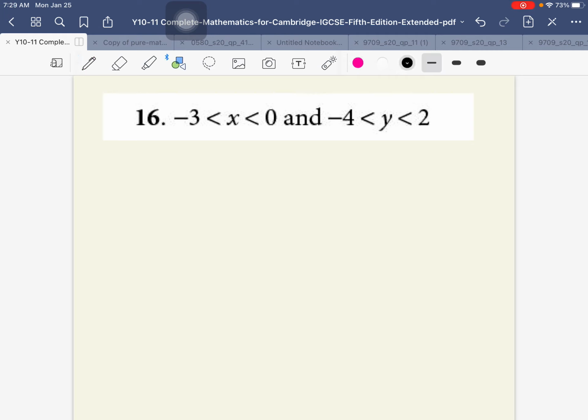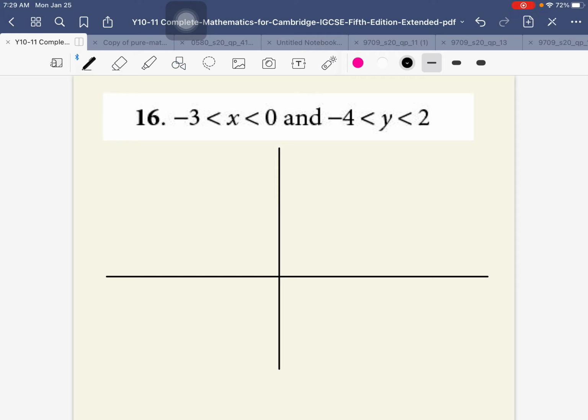Okay, I draw axes. This is the x-axis. This is the y-axis. This is the origin. x between -3 and 0.